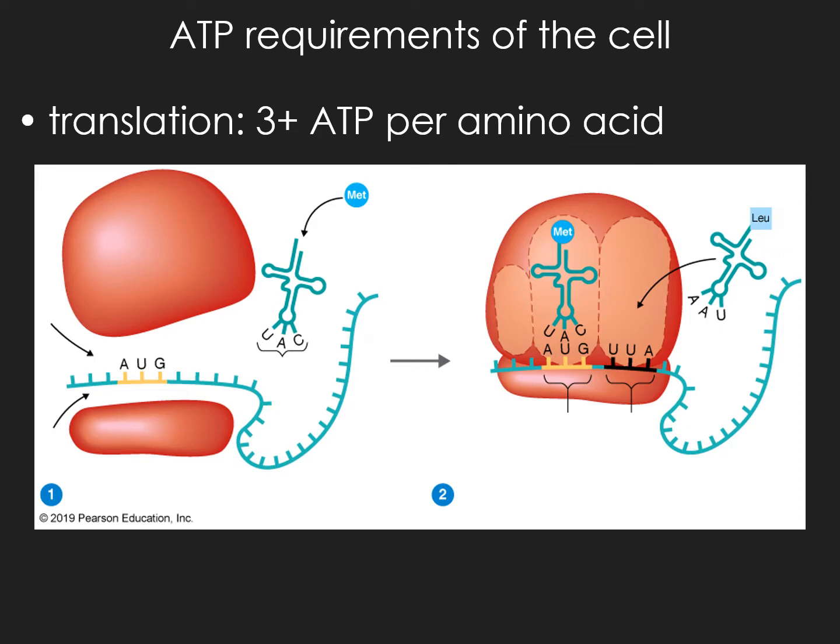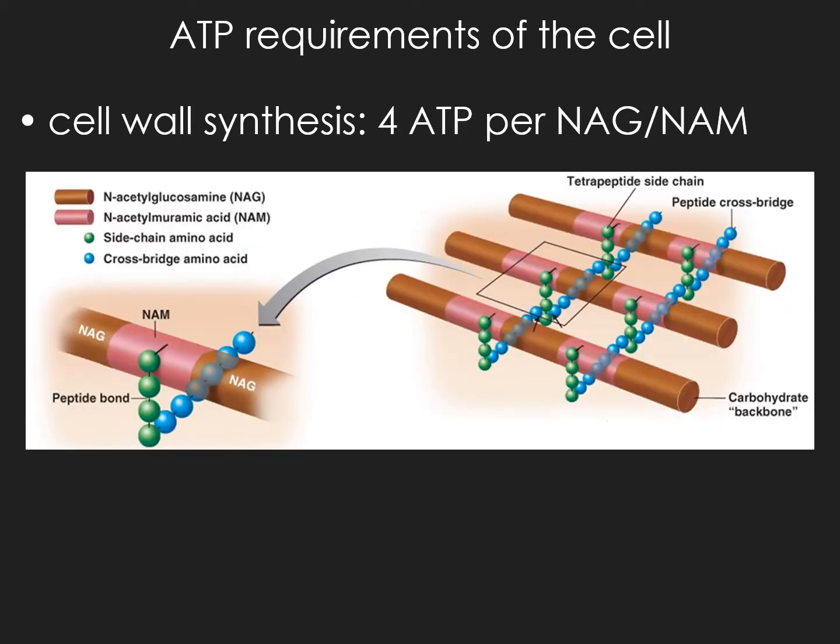And if we look specifically at cell wall synthesis, which is going to be a big part of binary fission because the cell elongates to about twice its size and then divides, it takes about 4 ATP per sugar portion of that peptidoglycan.